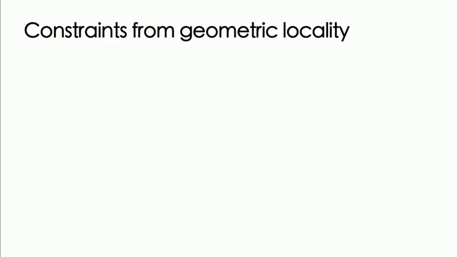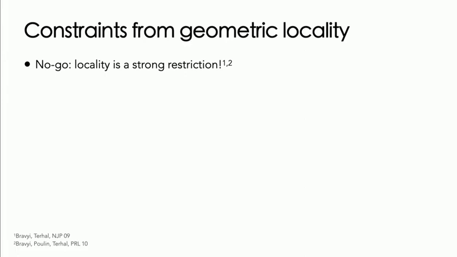So what do we need to be able to construct quantum LDPC codes? We need to be able to perform reliable 2-qubit gates. If we were to lay qubits out in 2D, we need to be able to perform reliable 2-qubit gates on qubits that are not necessarily adjacent to each other. One of my favorite papers, or two of my favorite papers, are by Bravyi and Terhal and by Bravyi, Poulin, and Terhal.